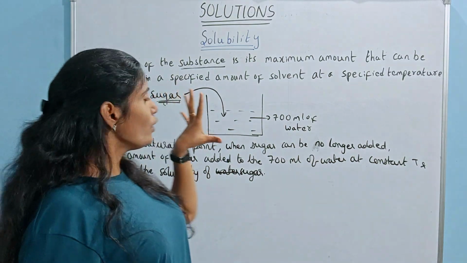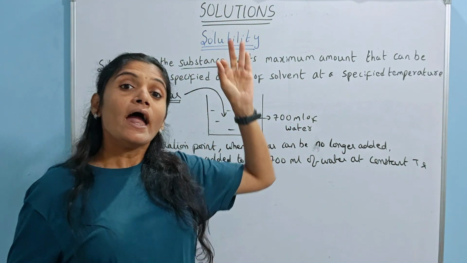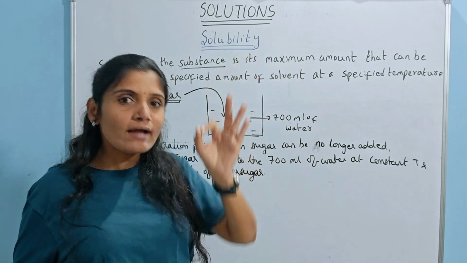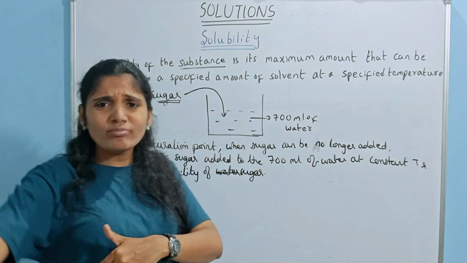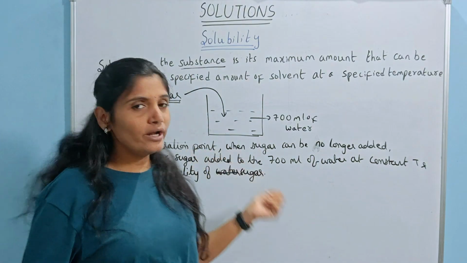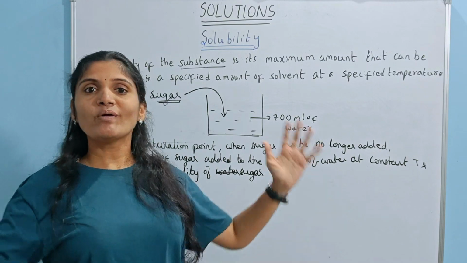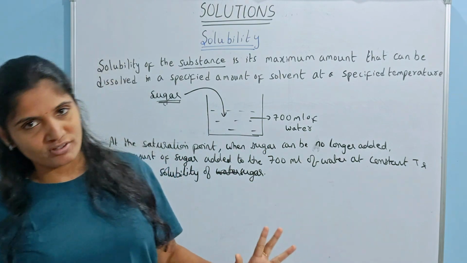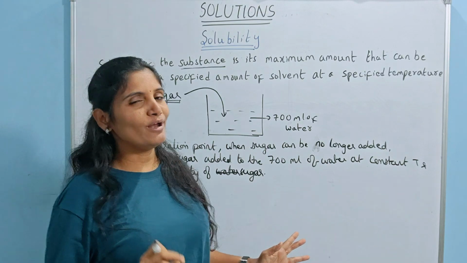Here I can add only that much maximum amount of sugar, till that point only I will consider the solubility. That is the maximum, no? If I have reached a point where no more solute can be added, whatever I have added is the maximum amount of sugar, and the temperature and pressure have to be maintained constant.